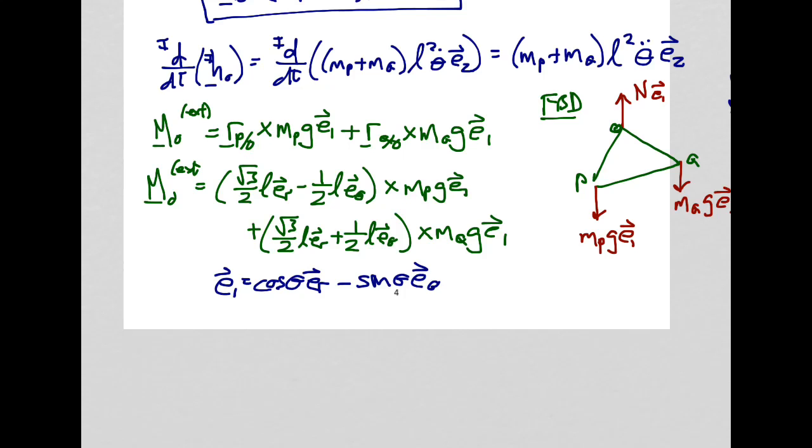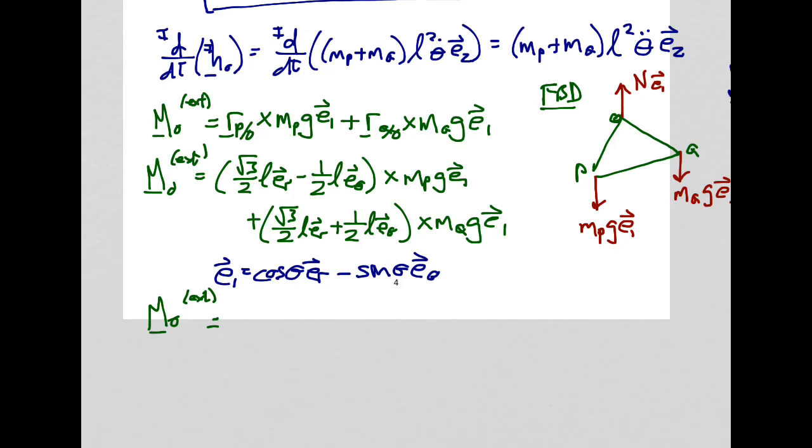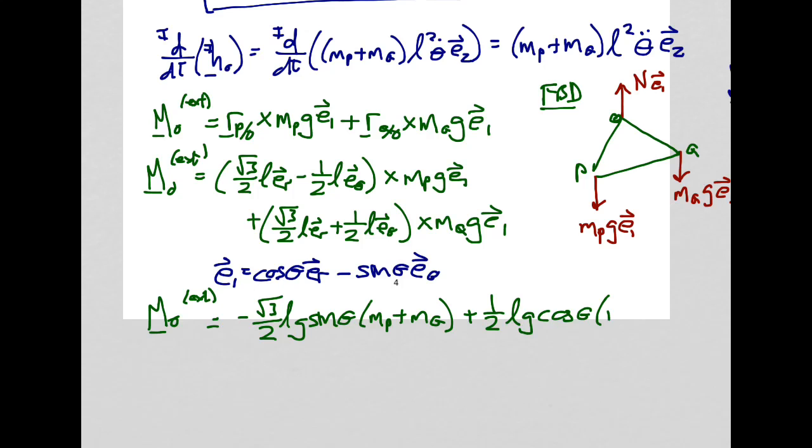And then after doing the algebra, we get that our total moment due to external forces is equal to negative square root of 3 over 2 L G sine theta of MP plus MQ plus 1/2 L G cosine theta of MP minus MQ.